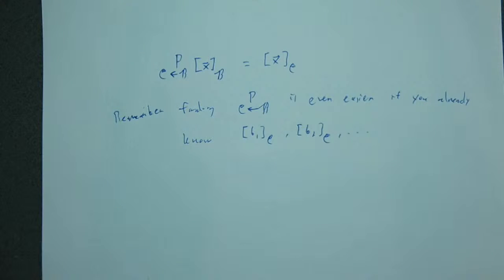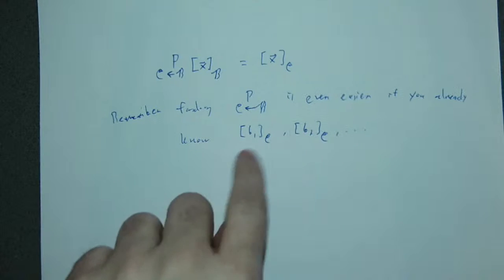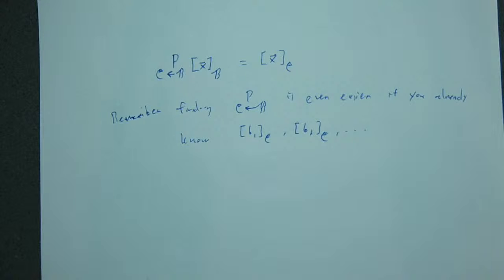So the thing that we did, the computation, was finding these. If you actually have these already written out, then you're good to go. You already know what the columns of P are.